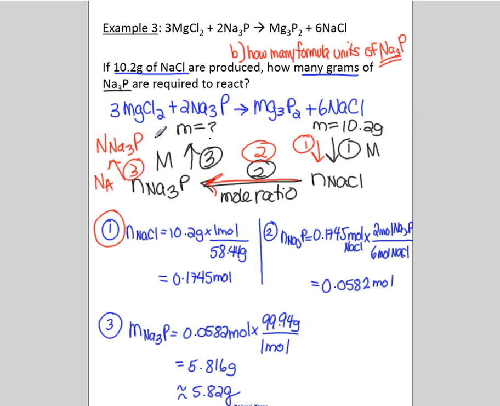So the process would be the same for the first 2 steps, but the last step, instead of changing to mass, you would change to particles. So step 1 and step 2 are the same. We're going to take our answer from step 2, and we are going to find the number of particles instead. So how would we do that?